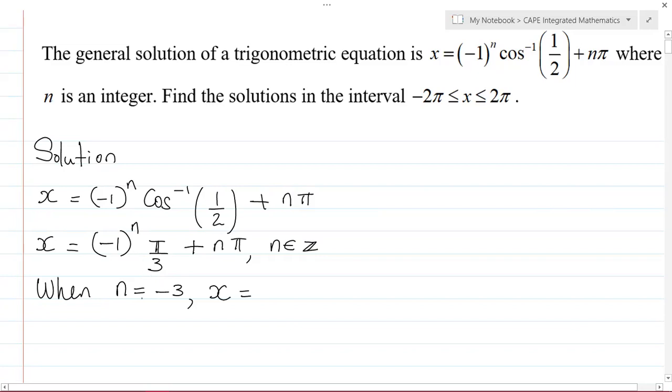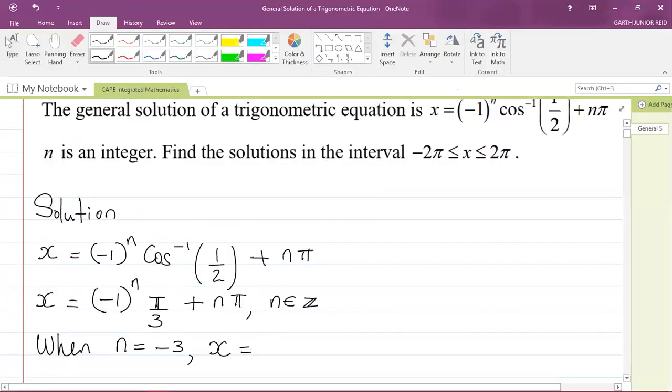So we're going to have n equals -3. So when you substitute n as -3, you'll get -1 to the power of -3, multiplied by pi over 3. -1 to the power of -3 will give you -1 multiplied by pi over 3.